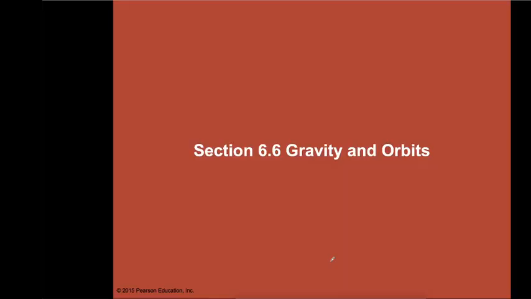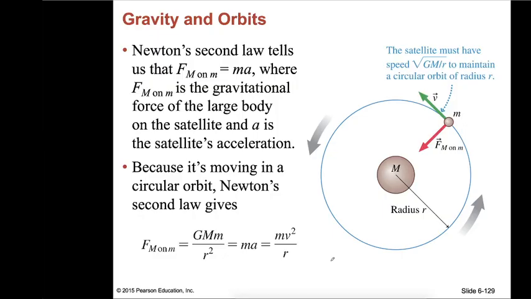Okay, gravity and orbits. Newton's second law tells us the gravity equals ma in a free-fall motion or in an orbit. F is the gravitational force of the larger body on the satellite, and a is the satellite's acceleration in this situation.